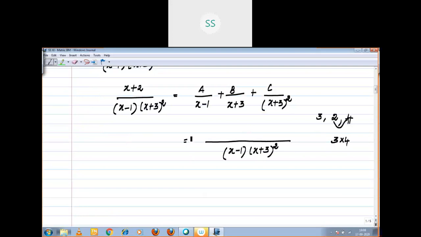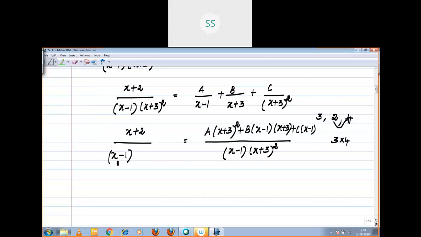Now a into, which is missing, x plus 3 the whole square, plus b into x minus 1 (x plus 3 is missing), plus c into x minus 1. x plus 2 divided by x minus 1 into x plus 3 the whole square.